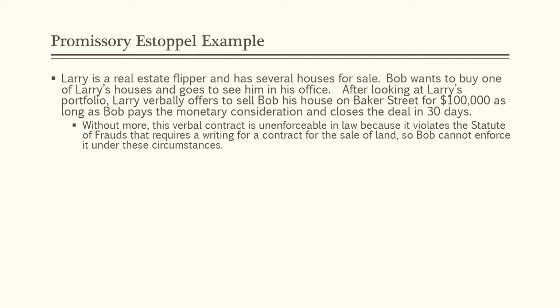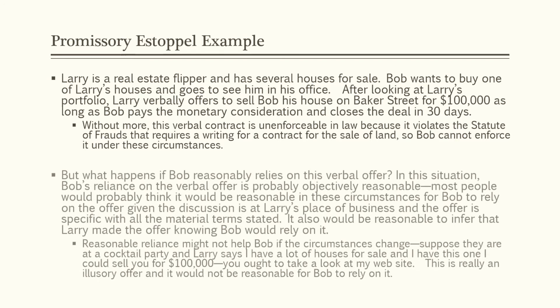On its face, this would be a valid contract because all the terms are sufficiently clear. However, without more, this verbal contract is unenforceable in law because it violates the statute of frauds that requires a writing for a contract for the sale of land. So without any more facts, if this is all the facts you have, Bob cannot enforce it under these circumstances.